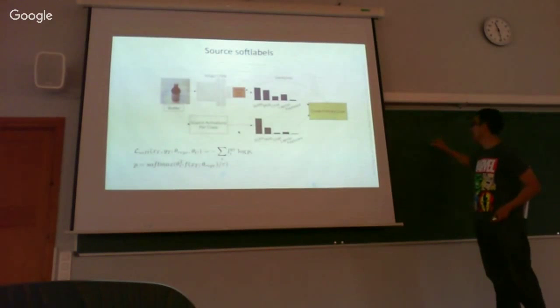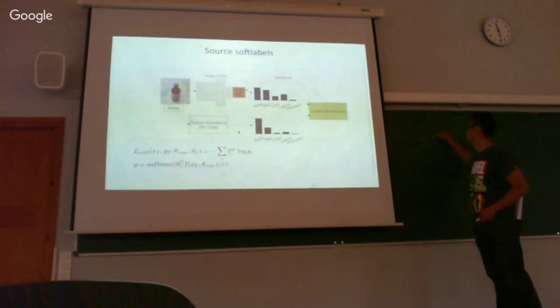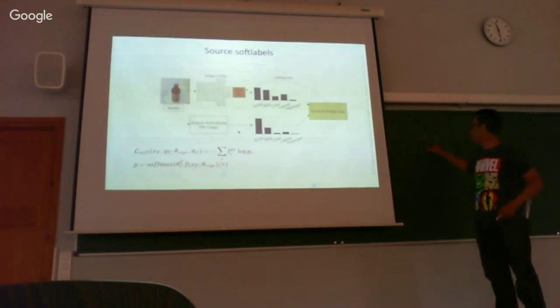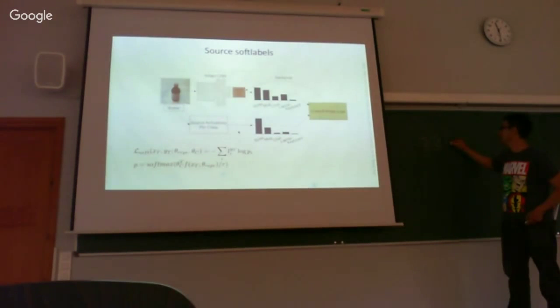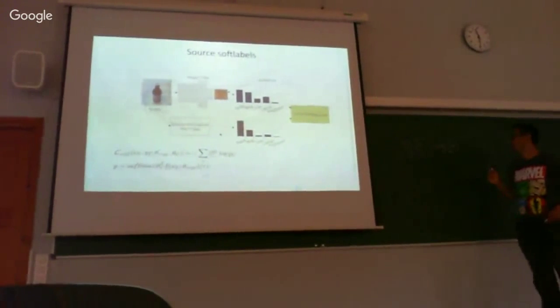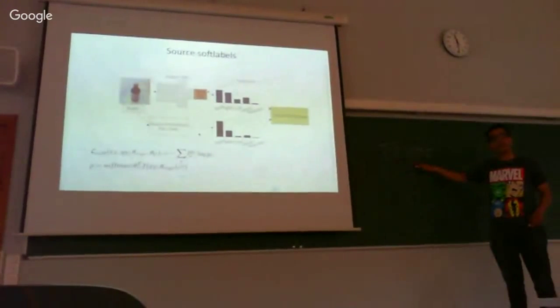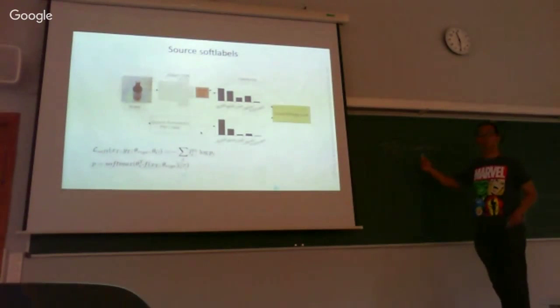So the cross-entropy is something like you go for each example from the training set, and for each category, you take the target C, and it's a log over PC, and here is the other category. This is the cross-entropy loss.